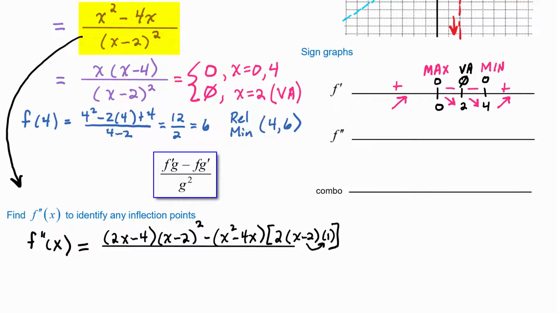And then we have to take the denominator, which is quantity x minus 2 squared, and square it.